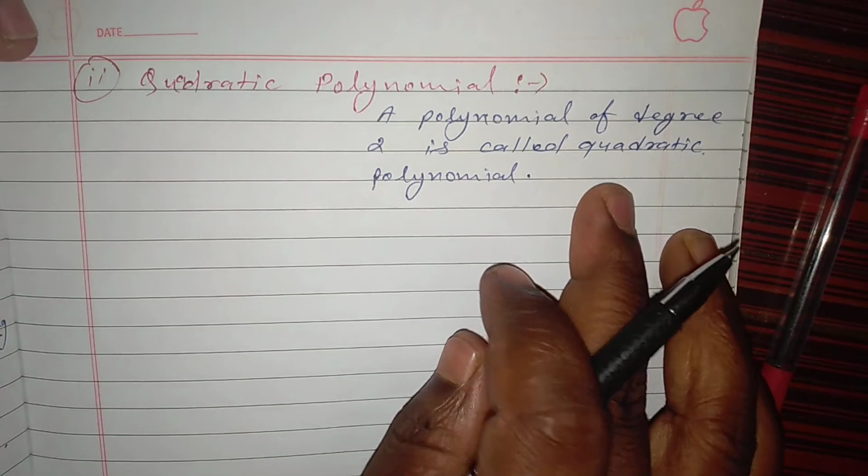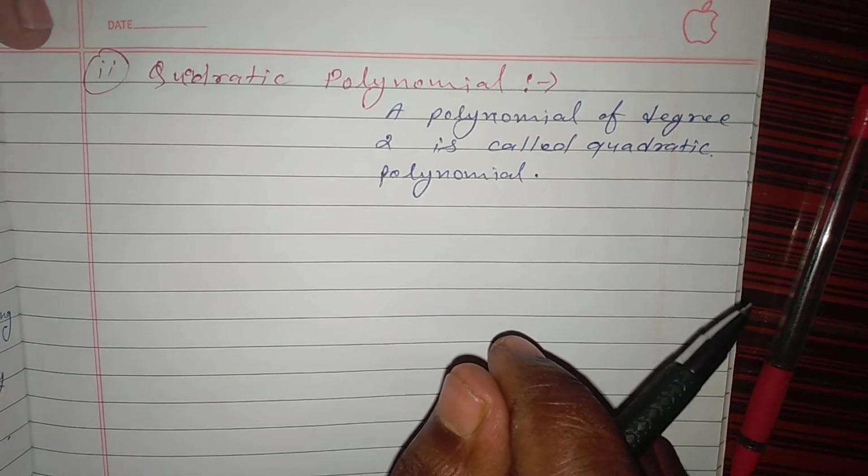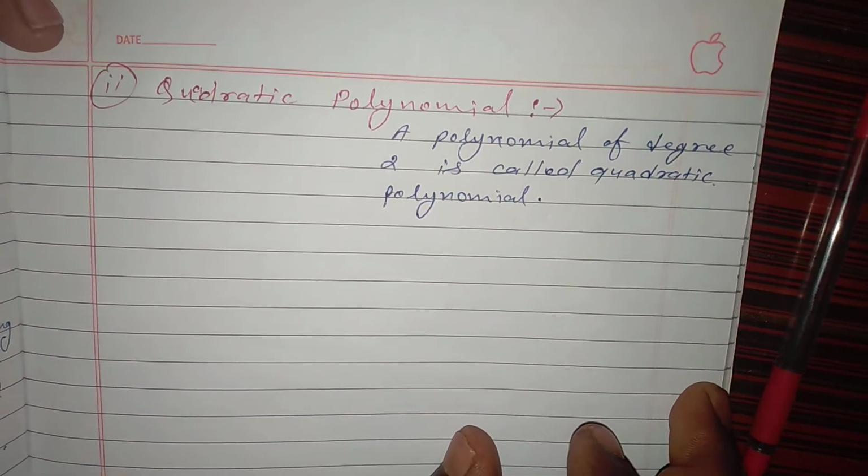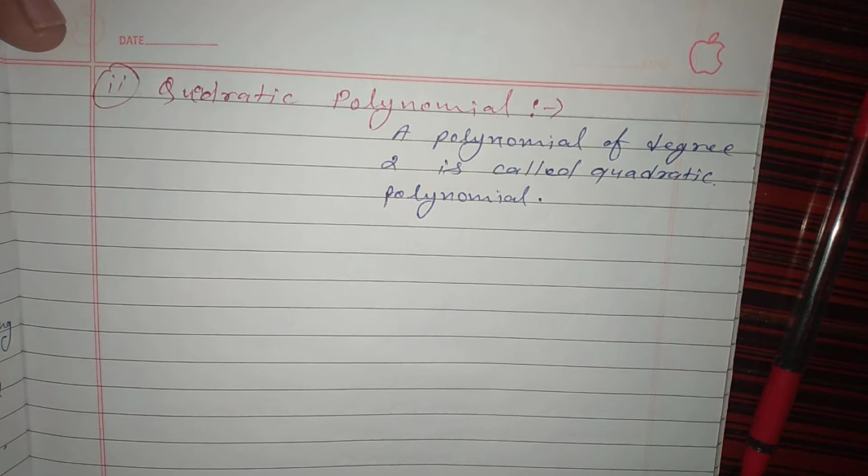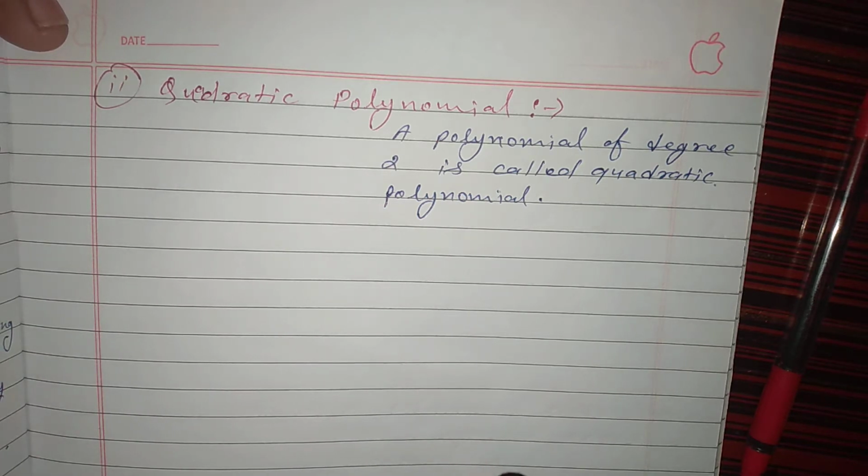According to the definition, we can easily understand, classify or identify a quadratic polynomial. What is the quadratic polynomial?